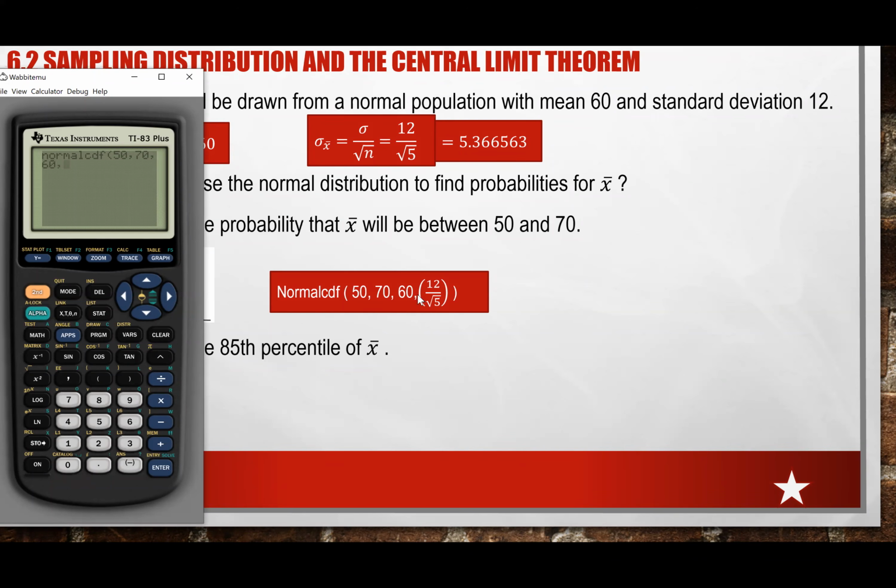Again, if you want to type the way that you see it, you put in parenthesis 12 divided by second square, which is your square root notation right here. Your square root notation is this item. And then you put in 5, and you just close your parenthesis. If you type it this way, it will give you 0.96759.